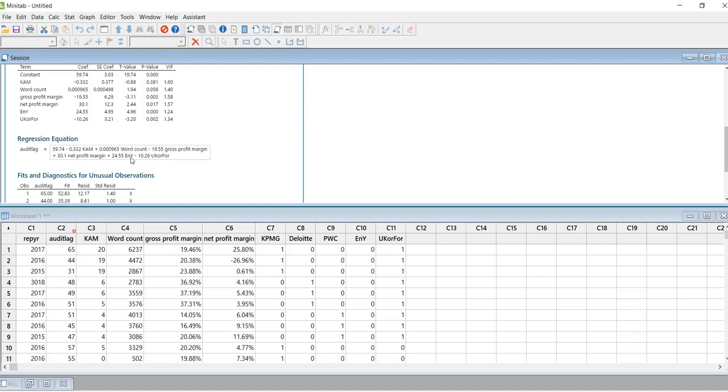I've done that because I ran it with each auditor in turn, and none of them were significant except for Ernst & Young. And then we've got whether it's the UK or foreign.